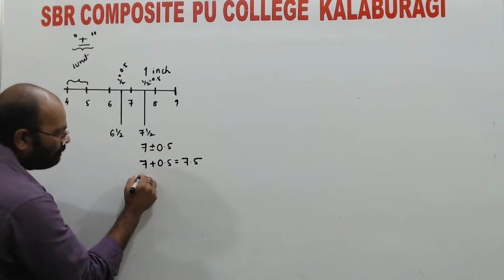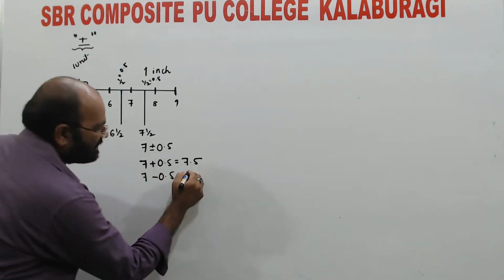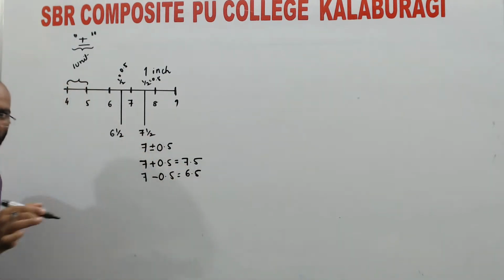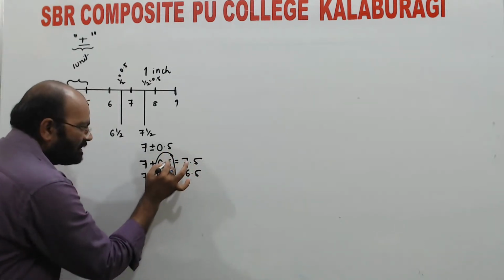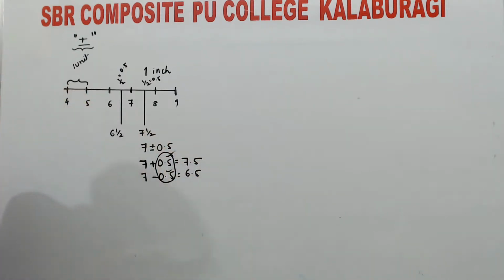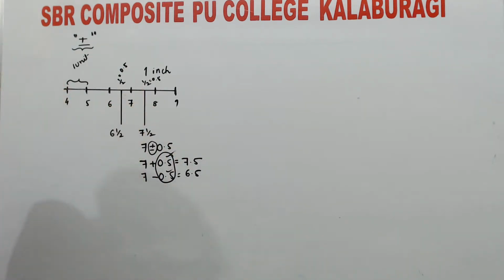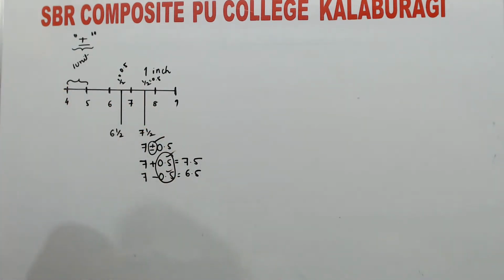If I subtract it, 7 minus 0.5 is equal to 6.5. It means the approximate error, the mistake while measuring, is 0.5. Because of this reason only, we mention the plus or minus.